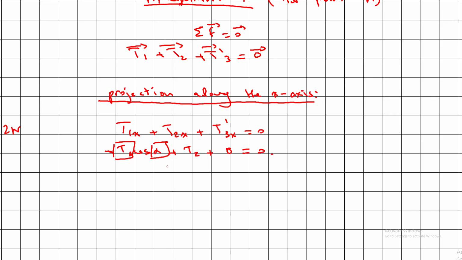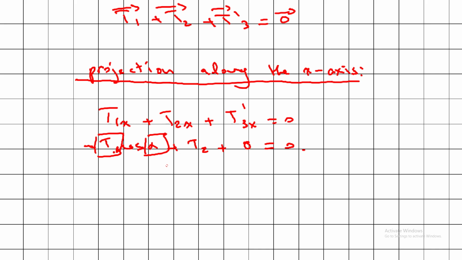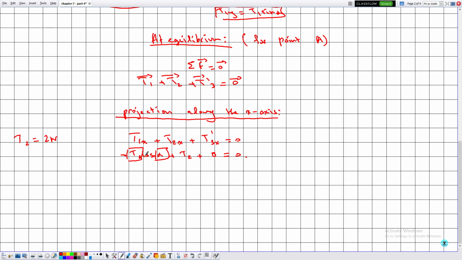So referring to this equation, we can see that we have two unknowns T1 and alpha. So in this case, this equation is not sufficient to determine T1 and alpha. So we need to project along the y-axis and simultaneously solve for T1 and alpha.